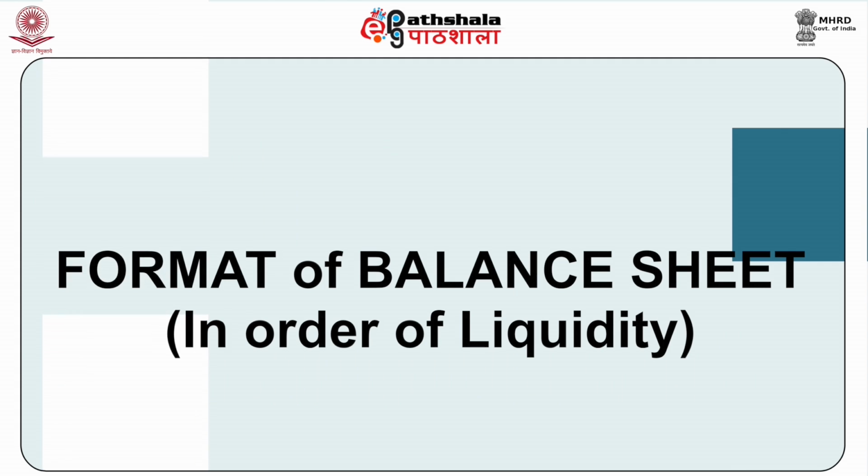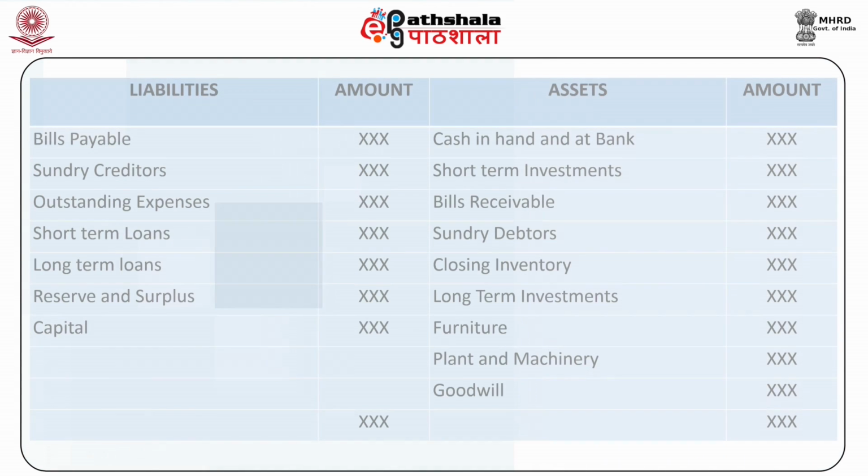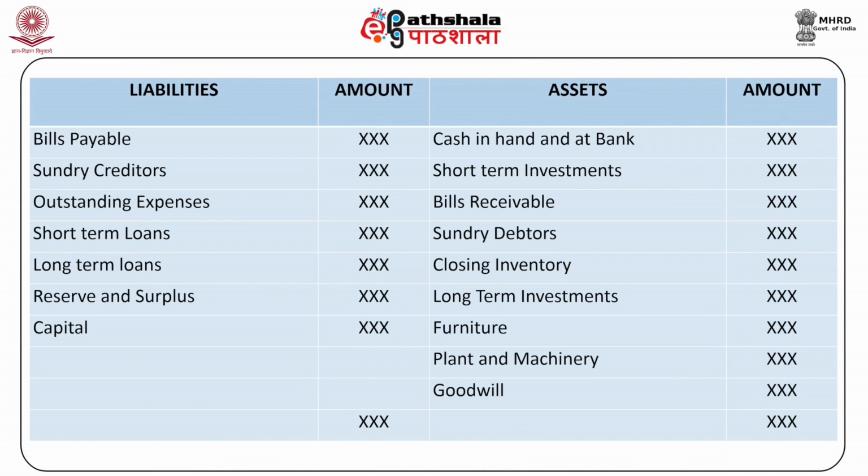Format of balance sheet in order of liquidity. Liquidity means the most liquid assets like cash are shown first and the least liquid assets like goodwill are disclosed last. Now look at the format. On the right hand side you see assets starting with cash in hand, cash at bank, short-term investments, bills receivable, sundry debtors, closing inventory, long-term investments, furniture, plant and machinery, goodwill, and the total of these items at the end.